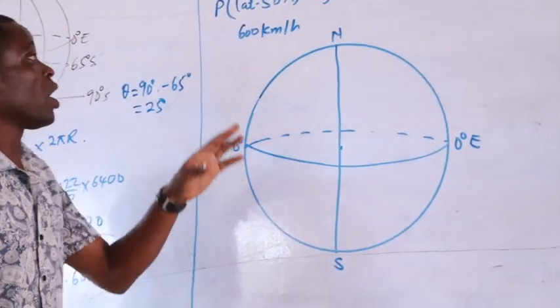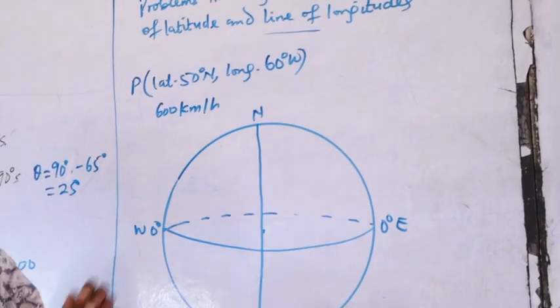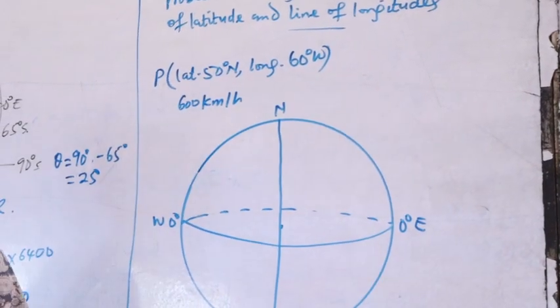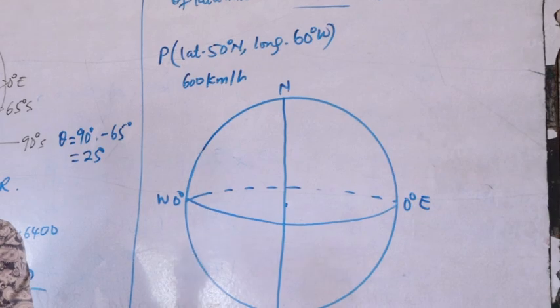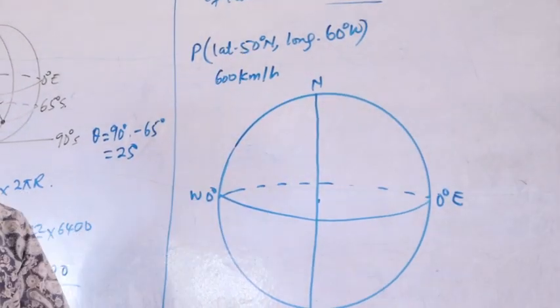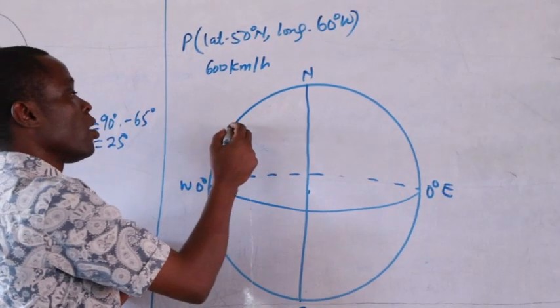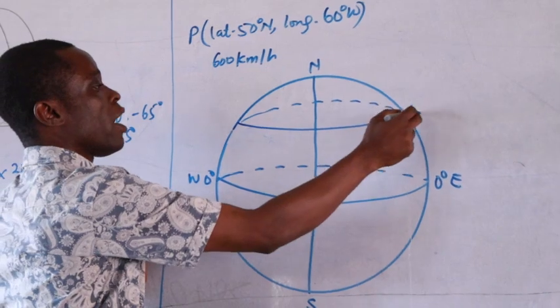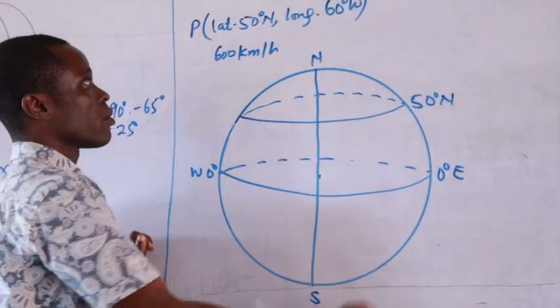According to the question, we have lat 50 degrees north. Even if LAT is not written here, you must know that latitude comes first. Locate 50 degrees north here.